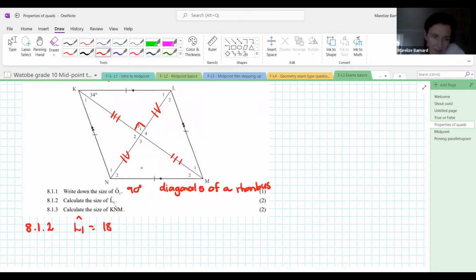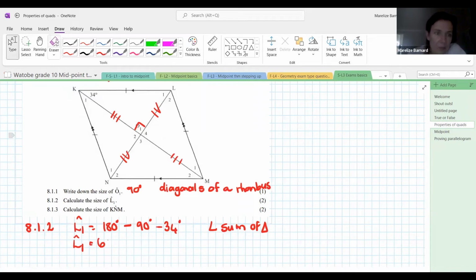Yes, that's right. So L1 is 180 minus 90 minus 34, and the reason is angle sum of a triangle. The answer is 56 degrees. Okay, wonderful.